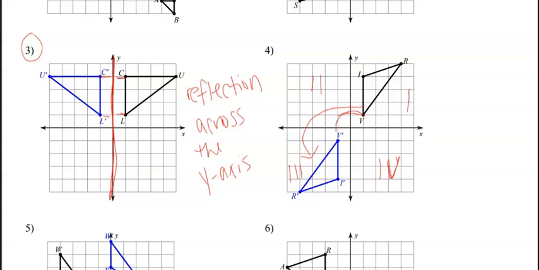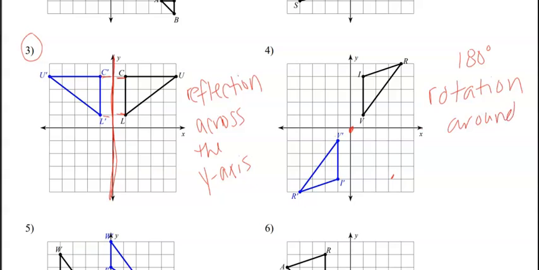So each point is rotated to the next point, meaning that this is a rotation. And it is a 180-degree rotation around the origin, which is our center point.